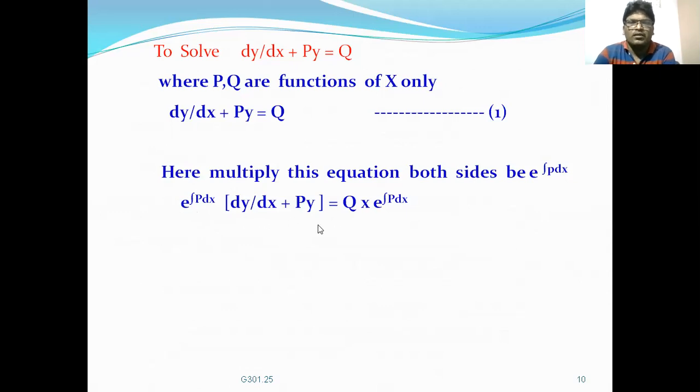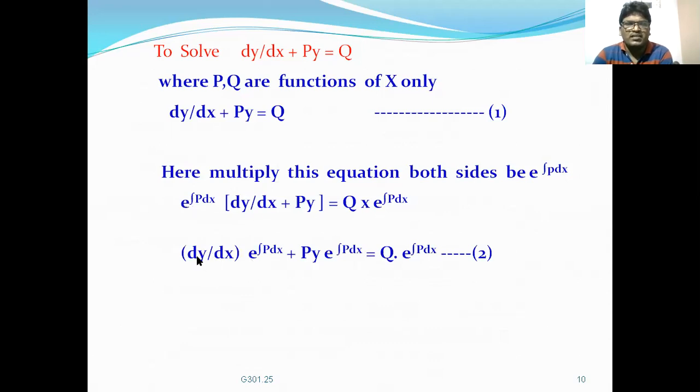Then the equation becomes dy by dx into e power integration of pdx plus py into e power integration of pdx, and on the right side q into e power integration of pdx. This is equation number 2.